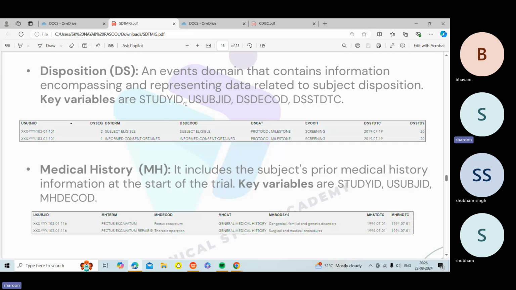Key variables are study ID, subject ID, DSDECOD, DSSTDTC. Disposition can contain data, let's suppose, I'm not sure, I don't remember exactly, but if a subject is leaving the study. Here I'm assuming DS term is mentioned as subject eligibility. So it means maybe this subject has failed in the screening.